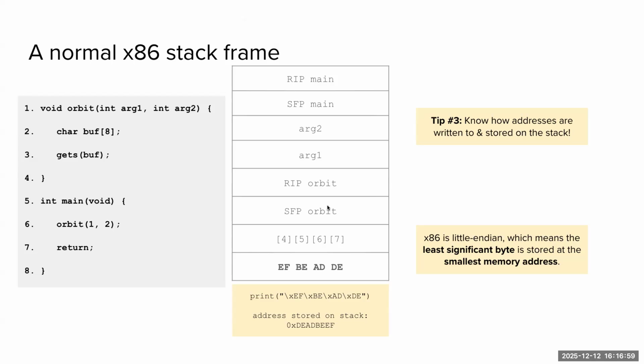The SFP is the saved base pointer. As we move from one function to another, we need to make sure to store where the previous function's base pointer is. And then as we define more variables, for example above here, we can see that we're storing it in little endian. So the least significant byte is stored at the smallest memory address.